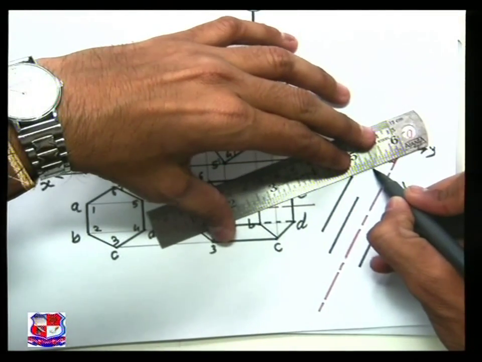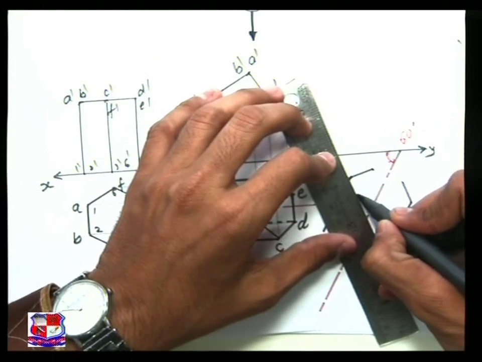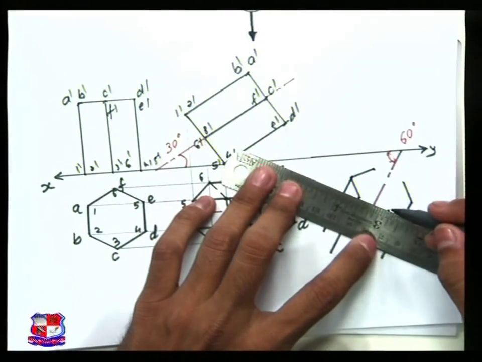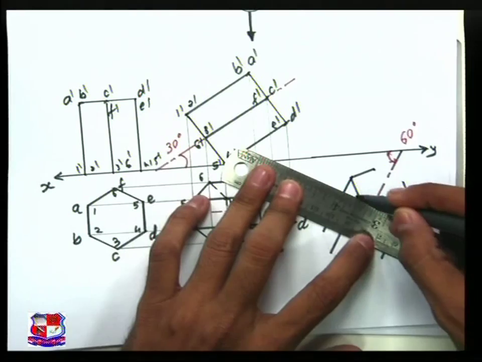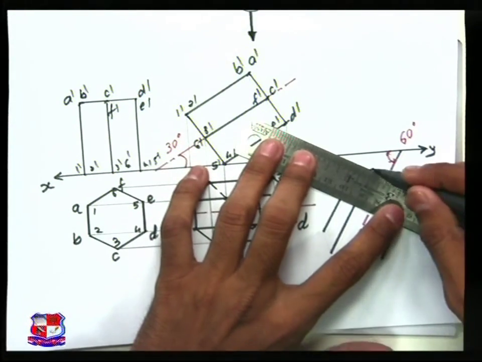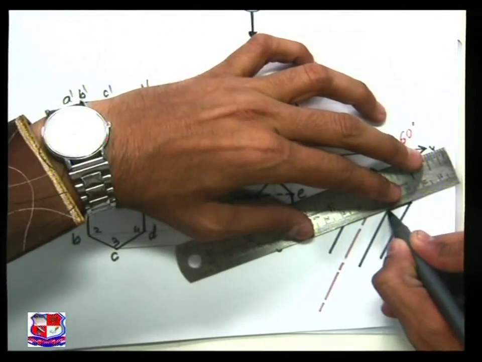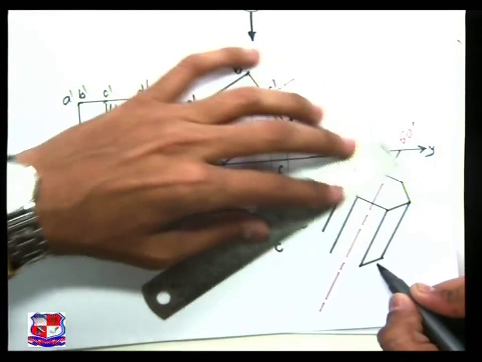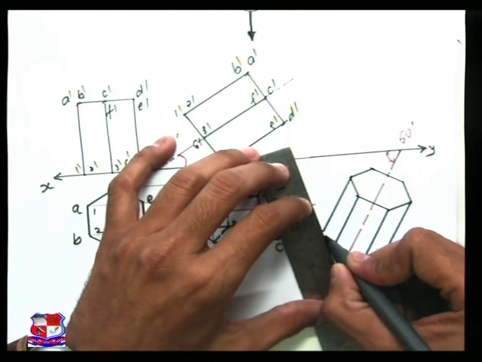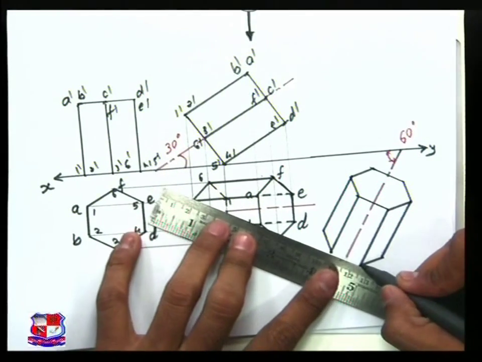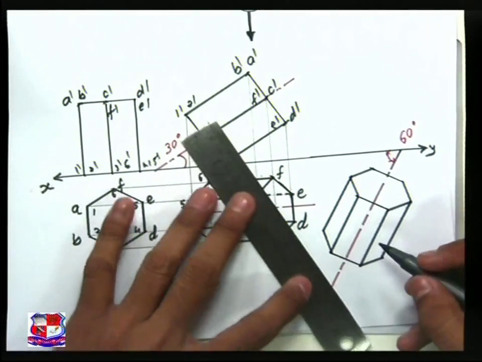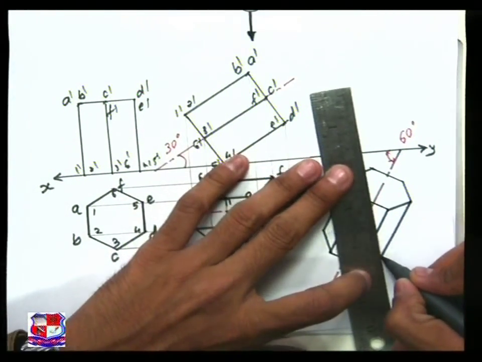To redraw this figure, there are a number of methods. One is to use arc method. By taking arc from one reference point, they could be transferred, or by measuring the distance from each point, or by measuring the distance and angle also, you can do this similar exercise.